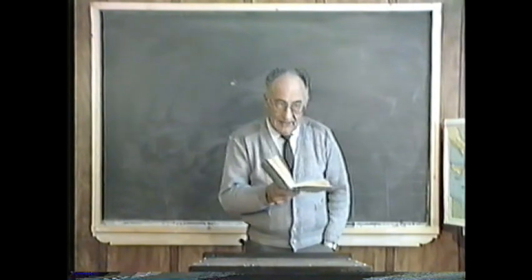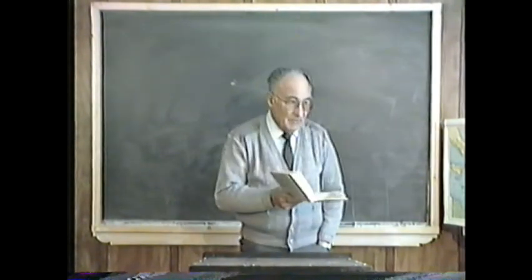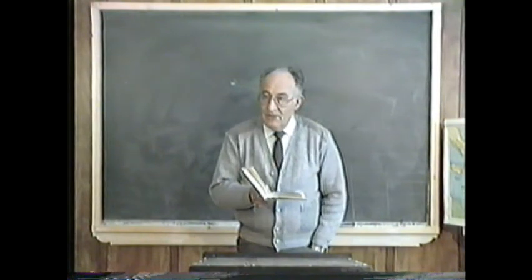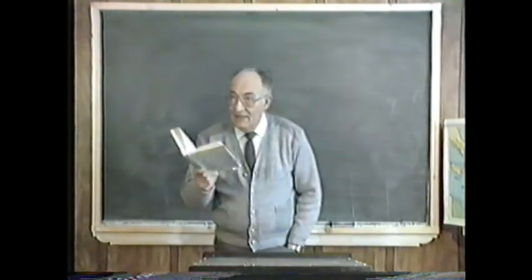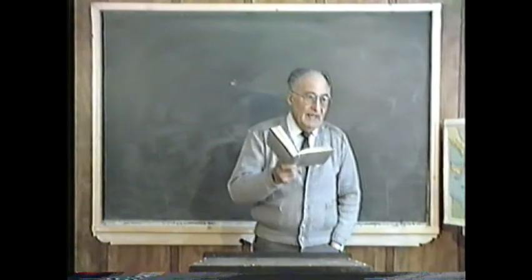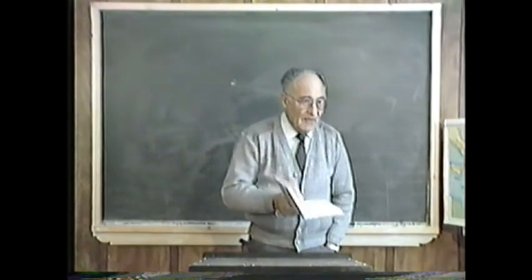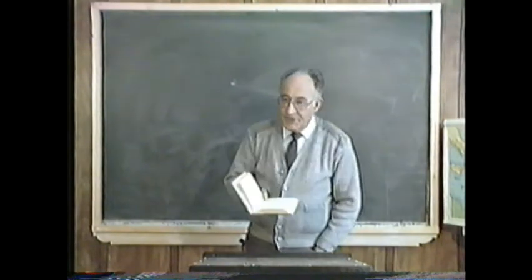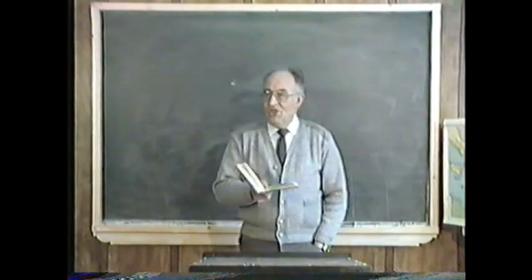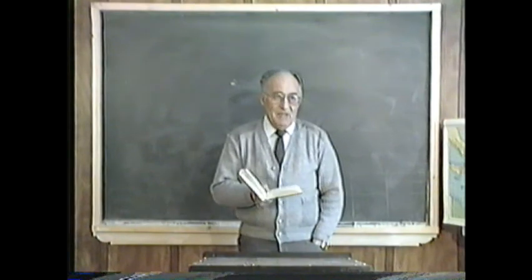So I sure want you to get this down pat, because you've had the indicative of eimi, you've had the imperfect of eimi, now you've got the present subjunctive of eimi, haven't you? You have three conjugations as far as eimi is concerned.